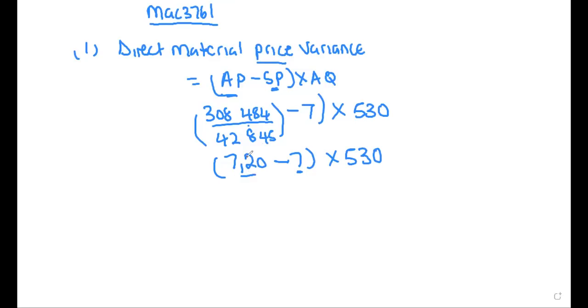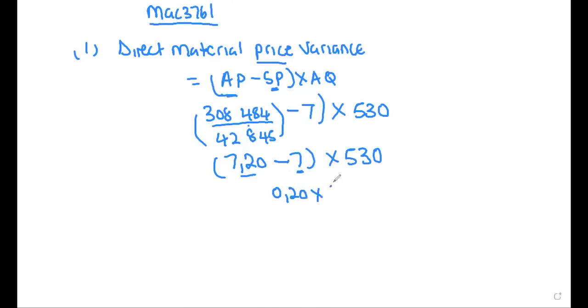In our case, we budgeted to buy the material at 7 Rand. Now it comes to 7 Rand 20. Is it going to be favorable or unfavorable? Unfavorable, yes, because it's a cost variance.